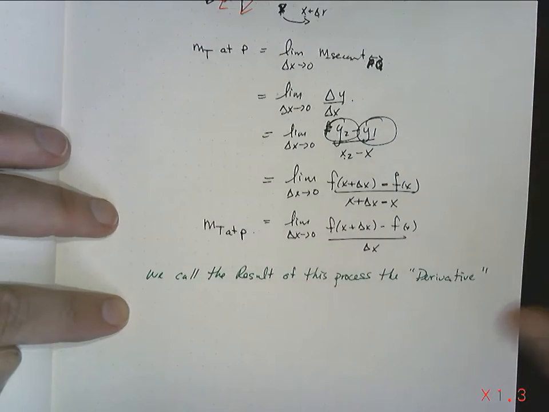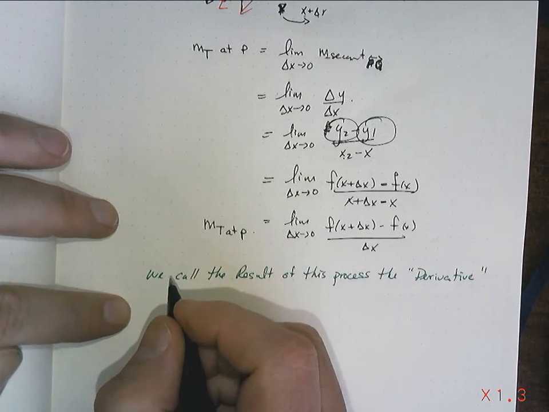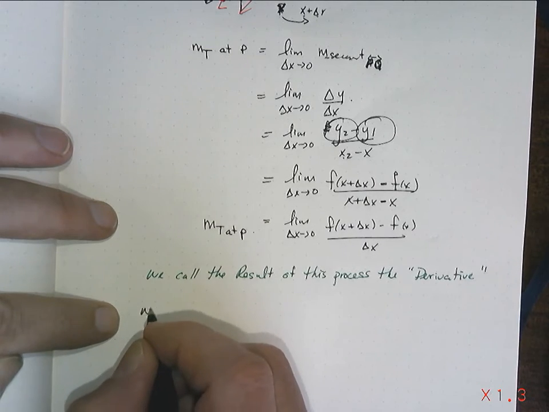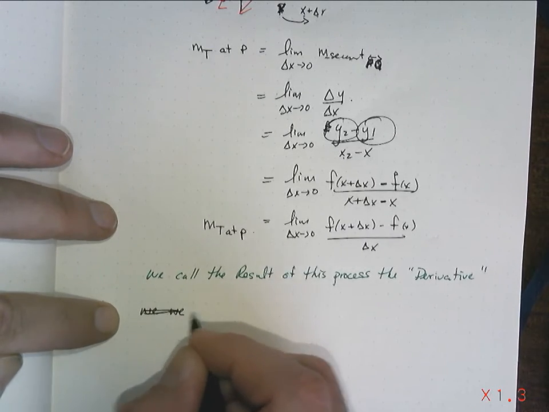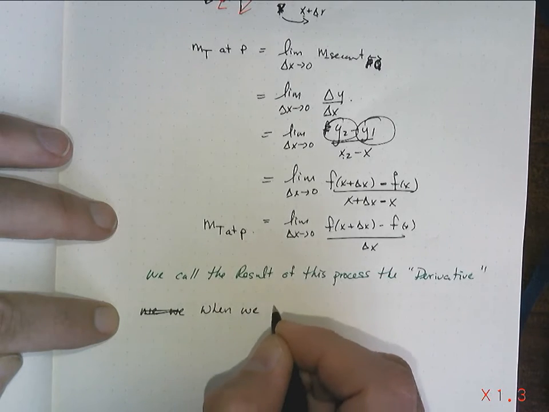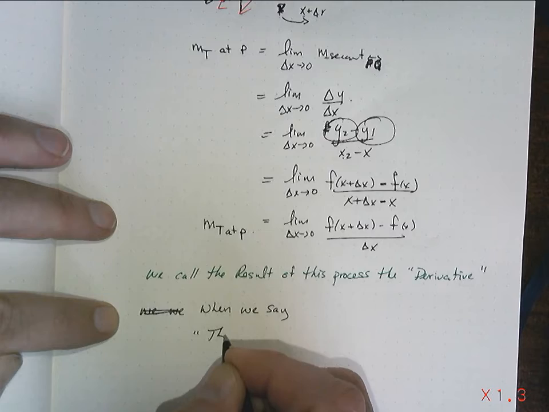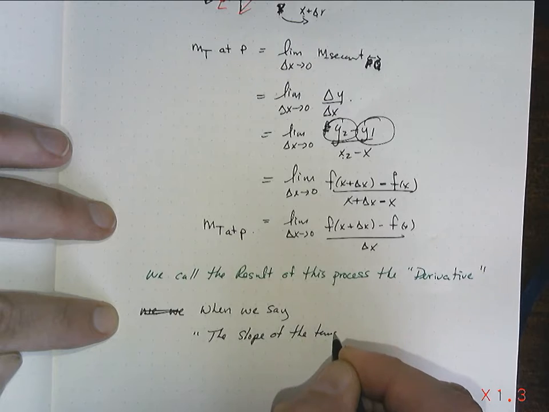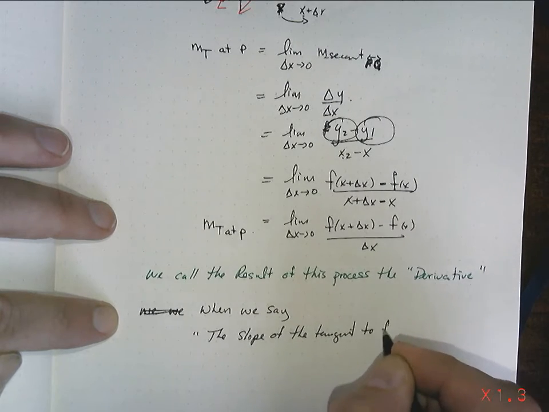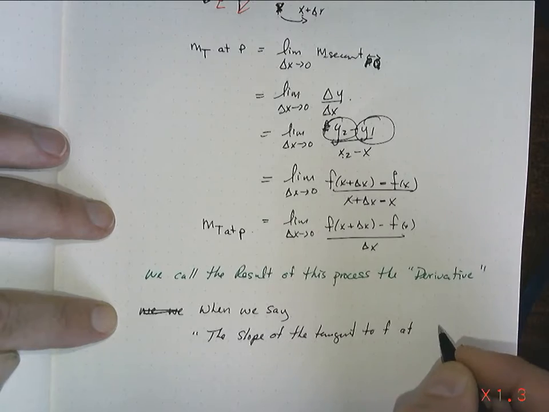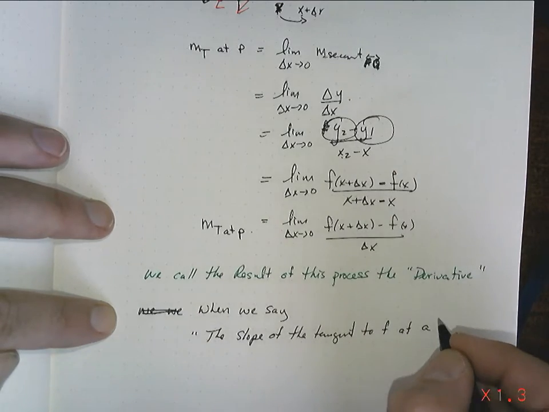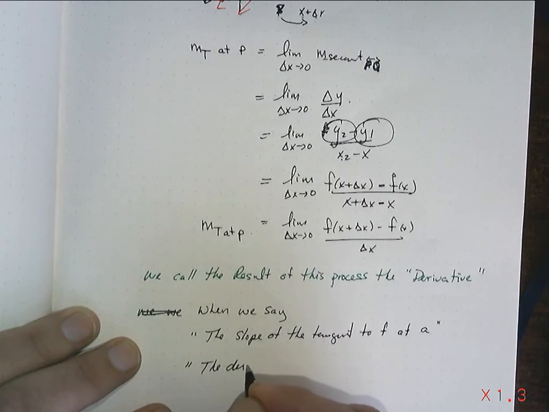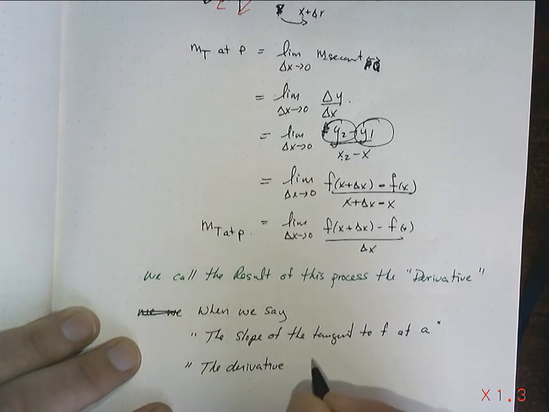So, the slope of the tangent to f at a, what we could also say, or what we mean, is the derivative of f.